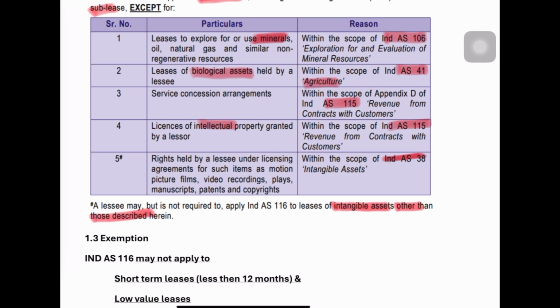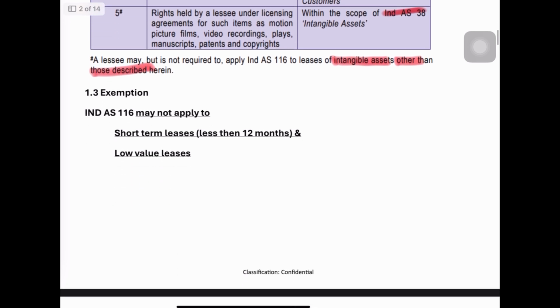It's up to its option. If you want to apply it to those intangible leases, that's well and good, and if you opt not to apply, that's also fine. So that's the scope of Ind AS 116.